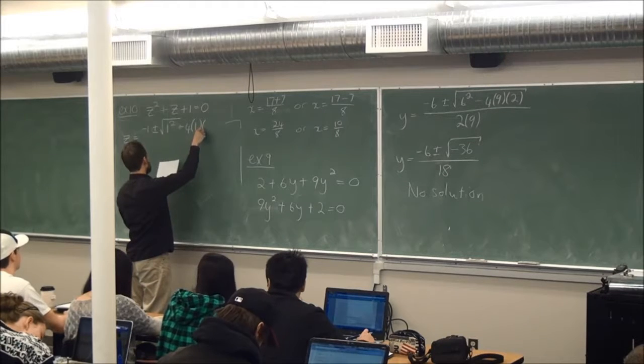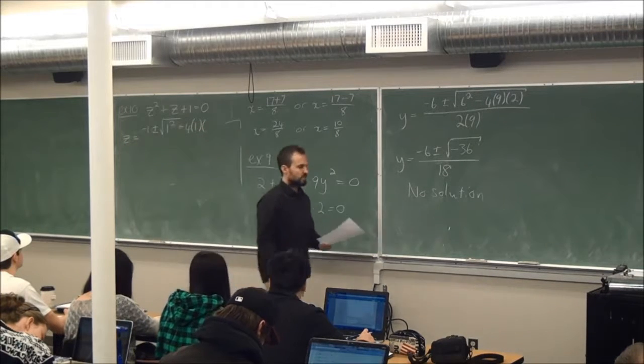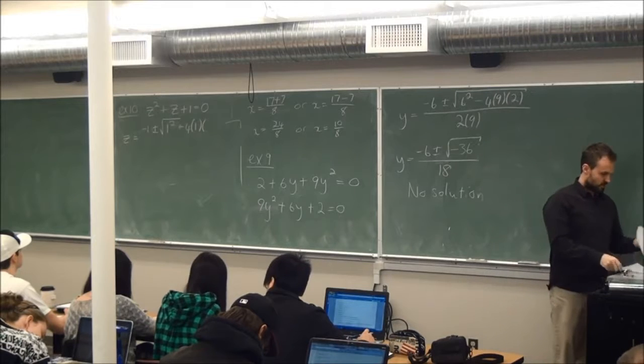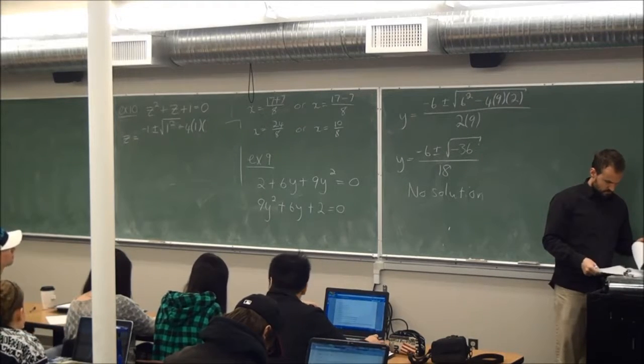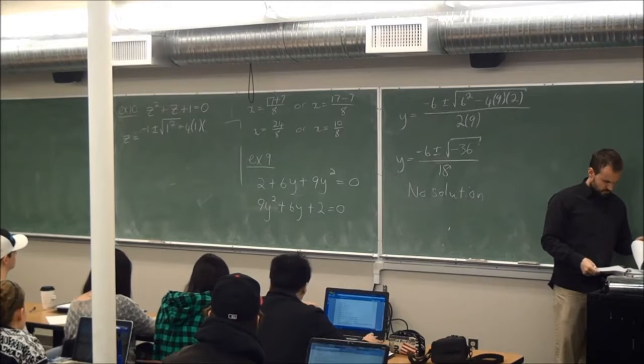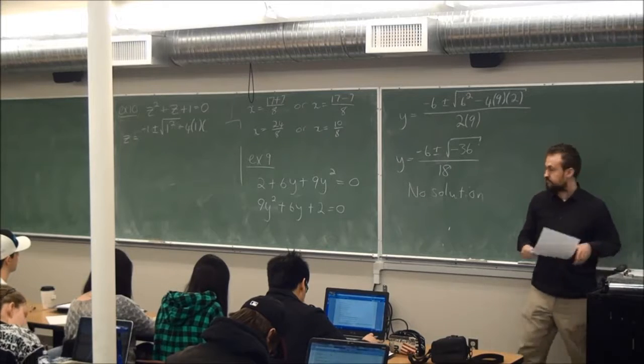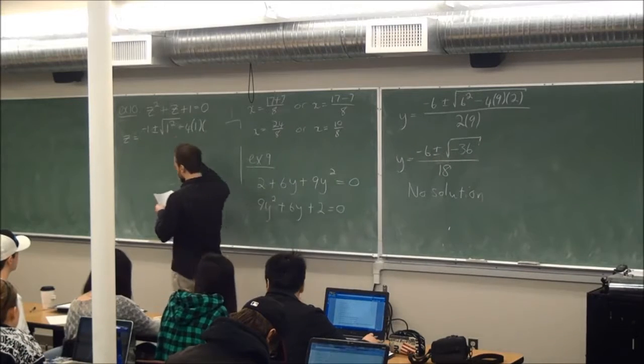Is it the one I want to use? Let me just check, sorry. This does not look like the one I want to be doing. Yeah, no, it's not. Sorry, there should be a 2 here.